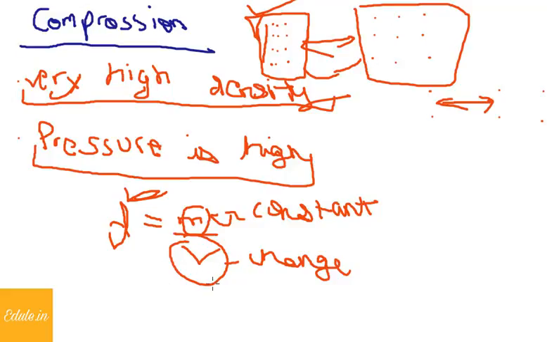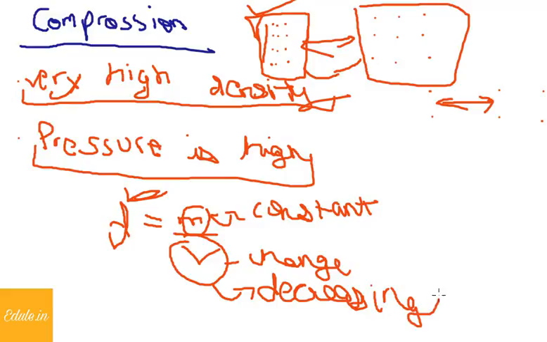So as mass is constant in both the conditions, in the condition of compression, the volume is decreasing. Volume is actually decreasing. Now by Boyle's law, if you know chemistry, in chemistry there's a Boyle's law.